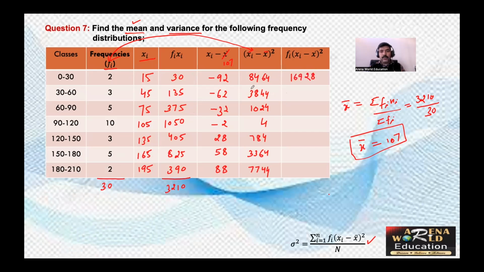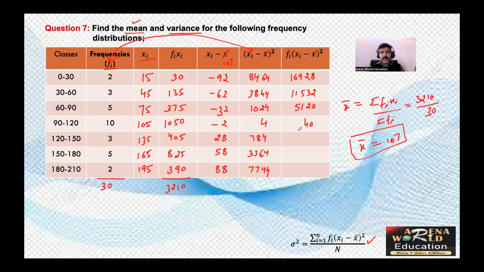Then 3 into 3,844 will be equal to 11,532. Then 5 into 1,024 will be 5,120. 10 into 4, this is very simple, 40.